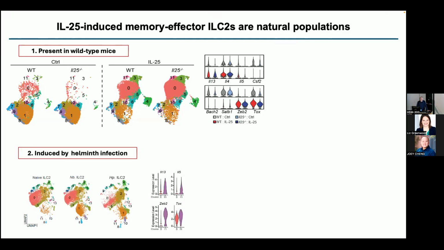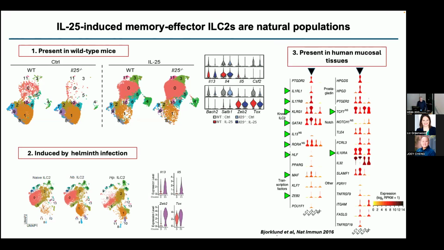Secondly, we see them in helminth infection, but they're induced in much smaller numbers in wild-type infection, and helminths begin to regulate this, as has been shown by others. And of course, we've cut the helminths out of this purposely for that very reason. And lastly, they're present in humans.